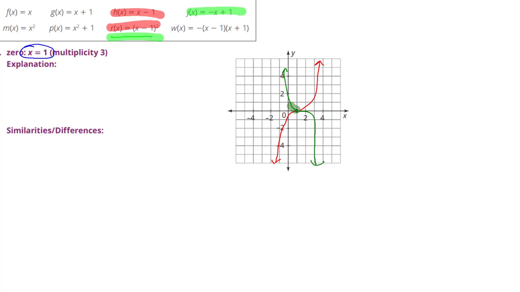So what are some similarities and differences that we had? What are some similarities and differences between these two graphs? They both have the same 0. What else? They end differently. They go different ways. They're different because they go the opposite direction.